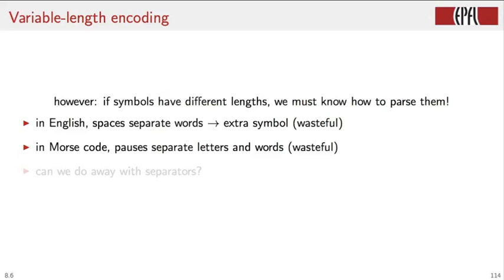In Morse code, the problem is exactly the same. Different letters are separated by pauses in the transmission, so you have gaps that identify the boundaries between letters and longer pauses that identify the boundaries between words. All that is wasteful because it requires extra space. And the question is, can we do away with separators and have a bit stream that is sort of self-parsing without the need for an extra symbol?